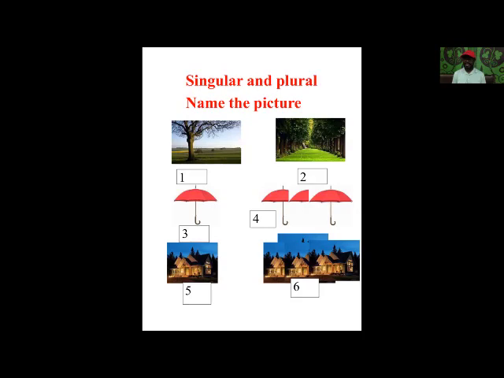Okay. Number 1, get ready with your book. We are going to write sentences. Number 1, it's a tree. The tree is one. If I put the word tree in a sentence, I must put the article. Because it is one, you have to put an article. So I'm making the sentence.